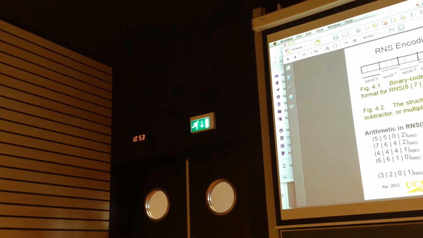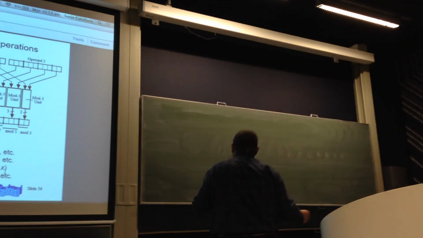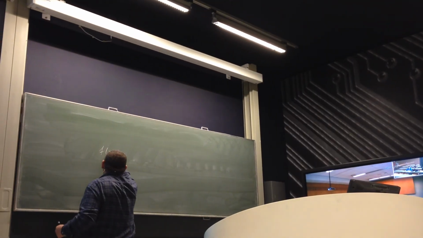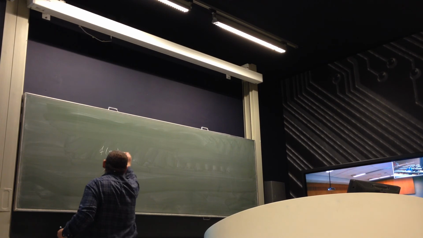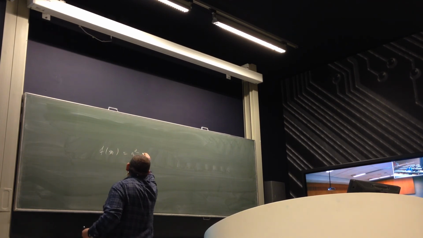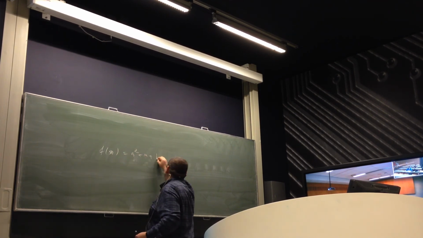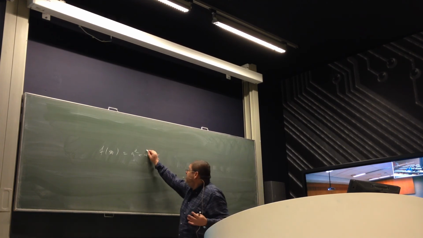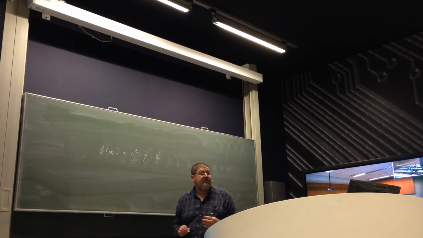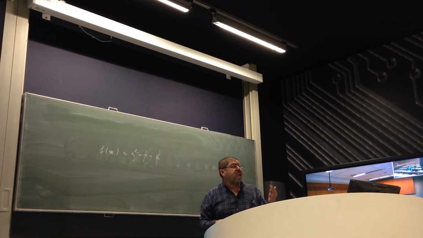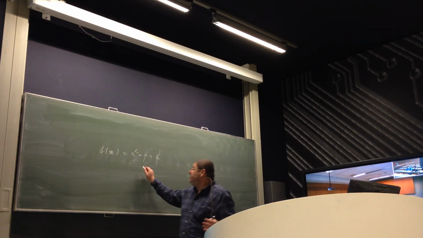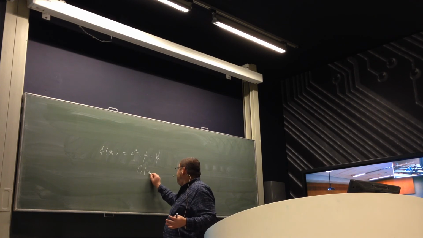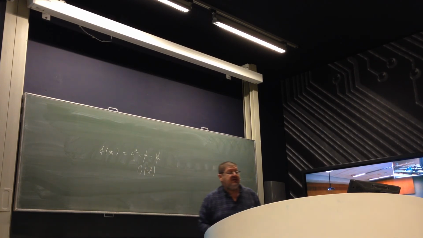Let us assume that I'm solving a problem and f of n is equal to n to the power 2 plus n plus, I don't know, a gigantic constant, which might be a billion. In the asymptotic notation, those do not count, and I would say that my solution is quadratic in n, and the complexity is O of n squared.